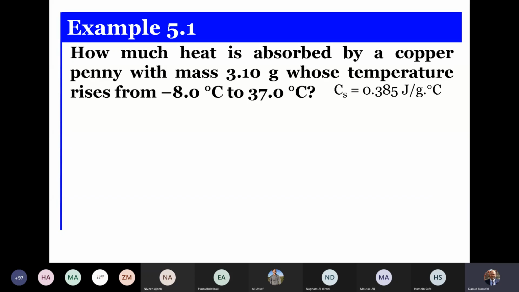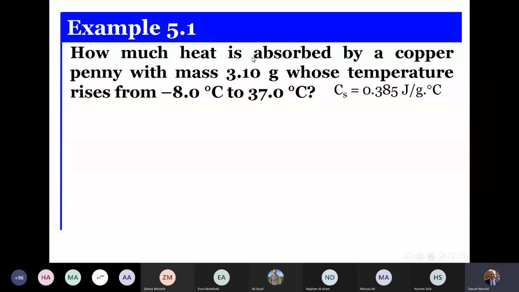So to find Q, we have to solve the integration, and we have two cases: C is temperature dependent or C is temperature independent. We pass to example 5.1.